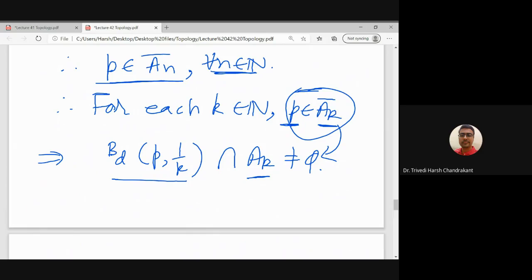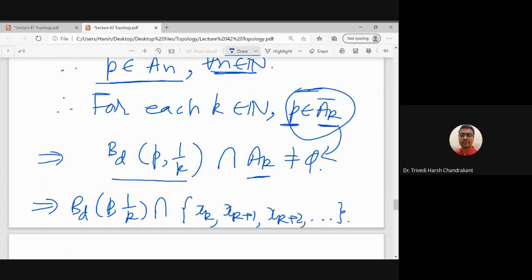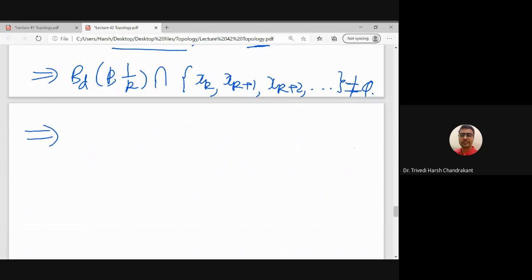And then what is Ak? Ak is nothing but the set xk, xk plus 1, xk plus 2, and so on. So this intersection is non-empty. Now this intersection being non-empty means I will get a number in k, k plus 1, k plus 2, and so on, such that x of that number will be in this set, right?